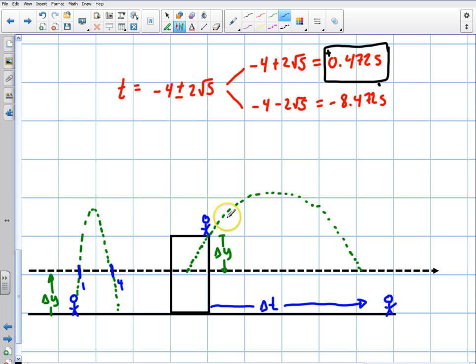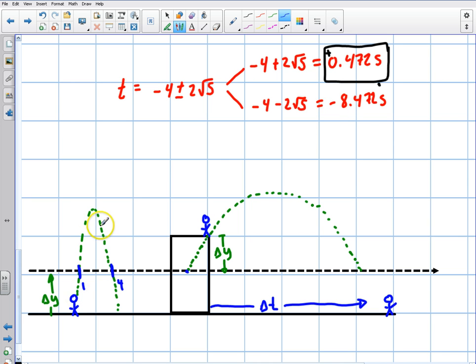In this case, if I threw it off a building, I'm going to get a negative time for this delta y because I would have had to go back in time and follow that trajectory back in time. So that's the physical meaning of a negative time when you're dealing with these quadratic equations, because it's accounting for the time that this occurs.